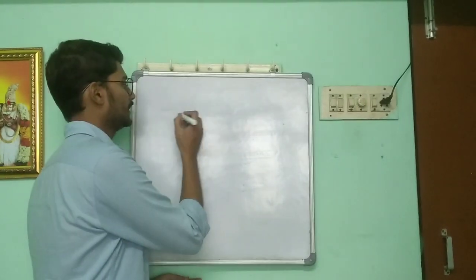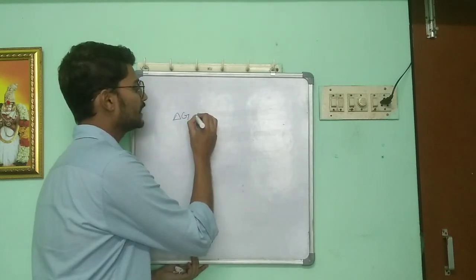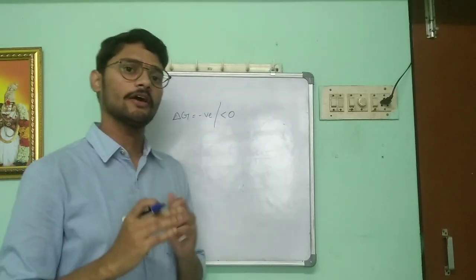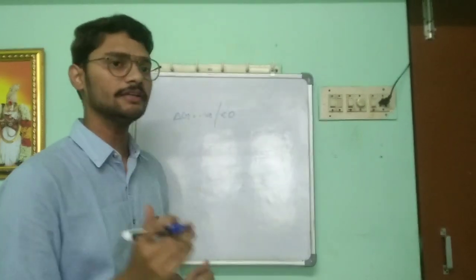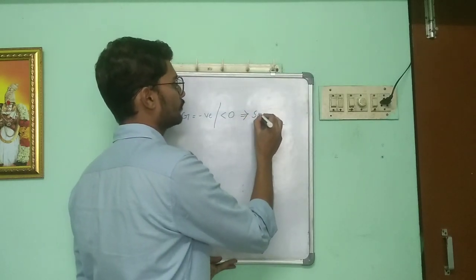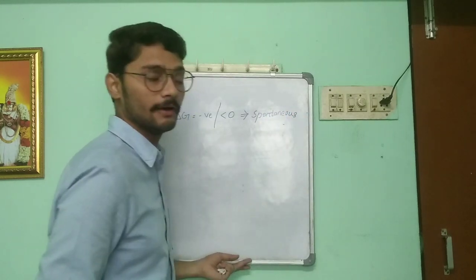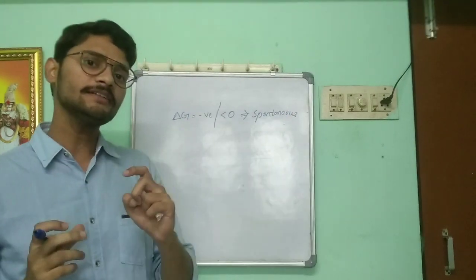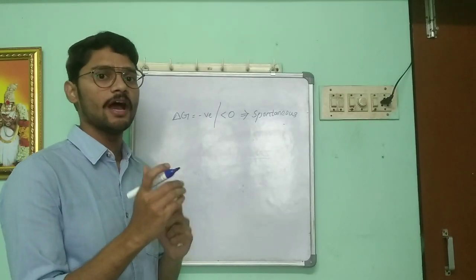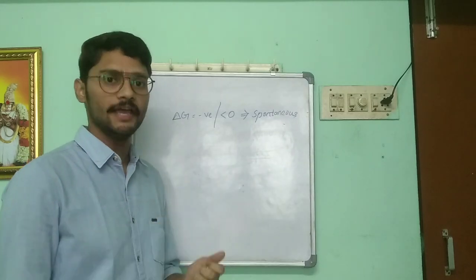Since del G, the change in Gibbs free energy, is negative, or less than 0, for the corrosion or rusting of iron, it is a spontaneous process. What is spontaneous? Corrosion or rusting of iron is a spontaneous process because iron has the tendency to undergo oxidation in the presence of moisture and air.